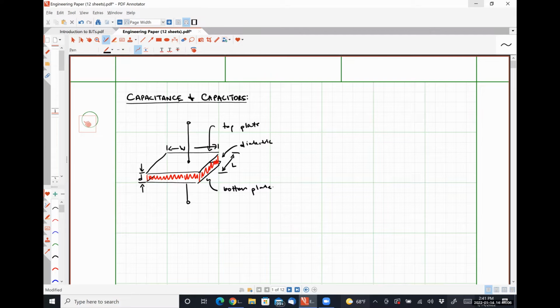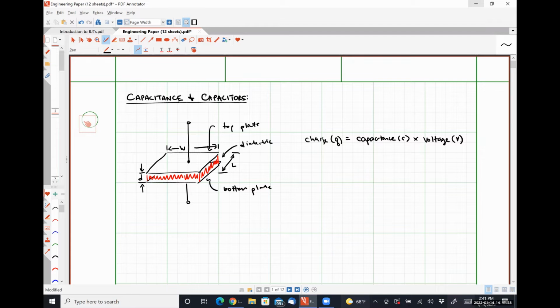So these plates are used to separate charge. So we can say that charge Q is equal to capacitance C multiplied by voltage V that keeps the charge in place, okay?